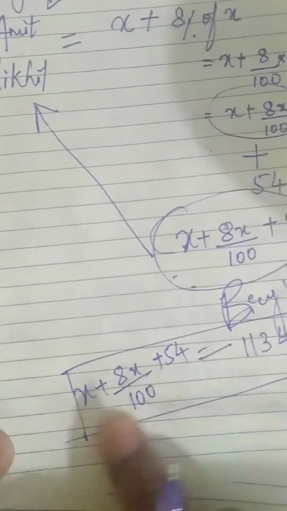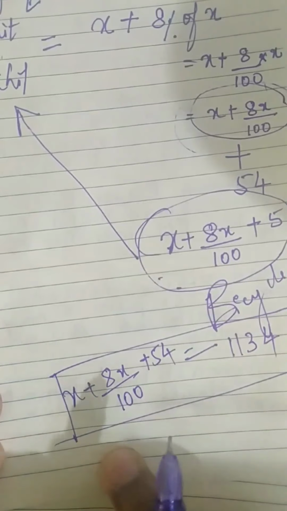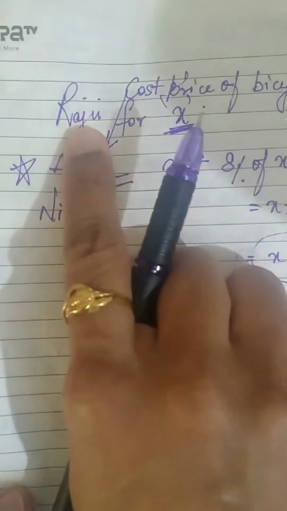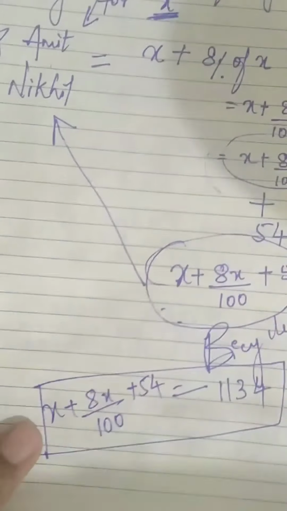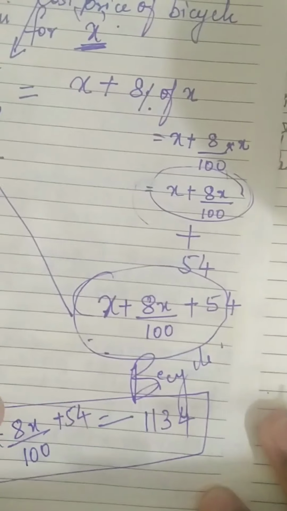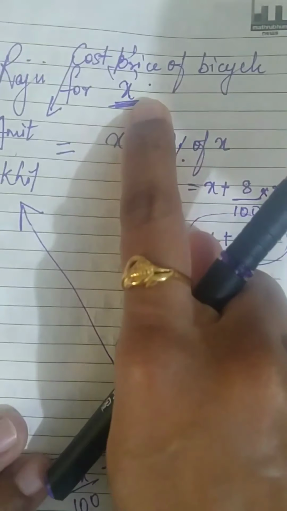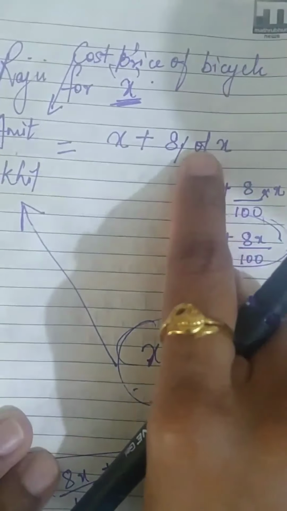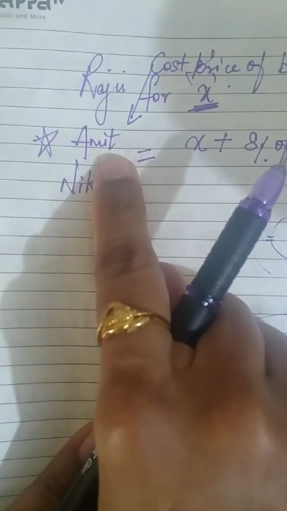Understanding? So all this we will write and we will solve this equation. You will get x. X will be the price for which Raju purchased the bicycle. I hope you understood. First, Raju purchased for x. After putting 8% profit on it, he gave that bicycle to Amit.